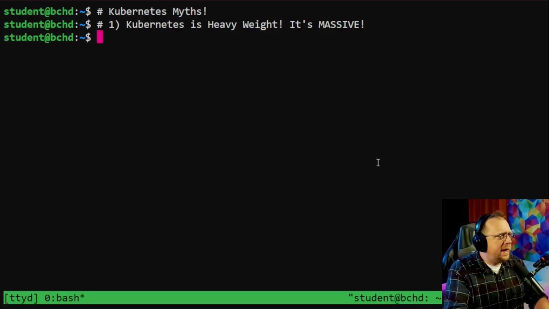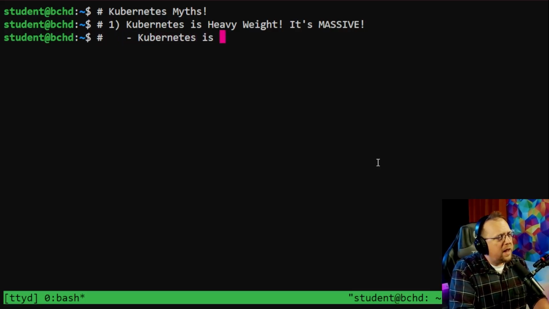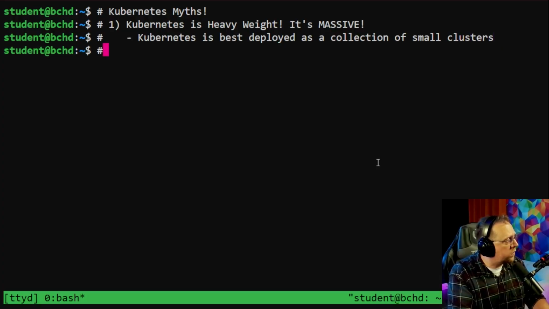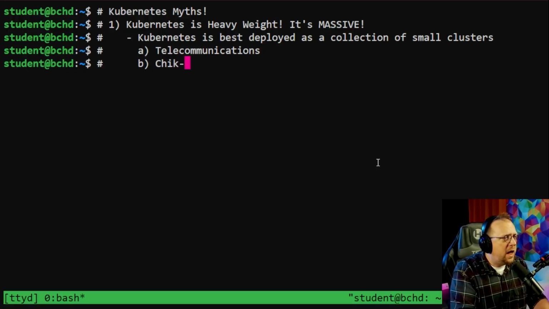And so the idea here is that Kubernetes is best deployed as a collection of small clusters. Okay, so when we talk about small clusters, you could think about things like telecommunications. You could talk about, for example, Chick-fil-A.